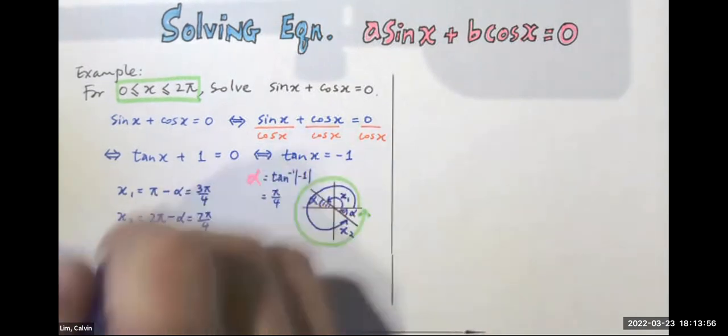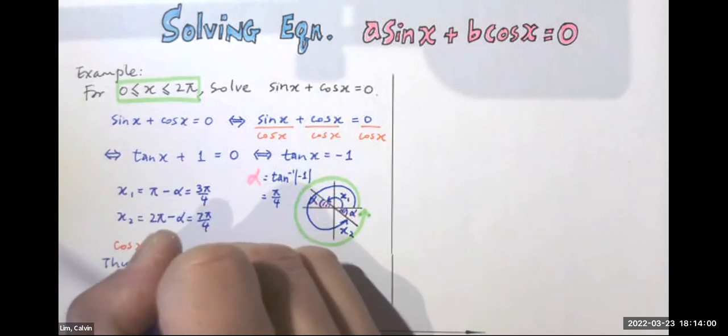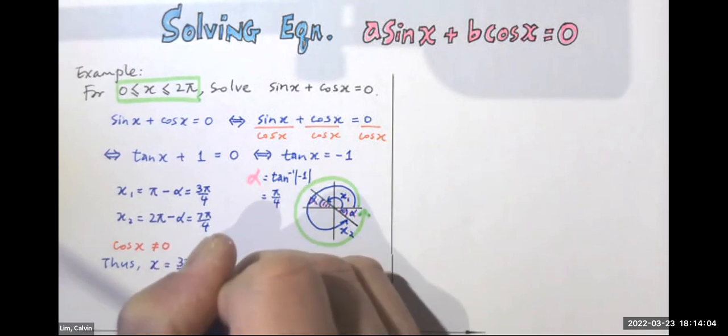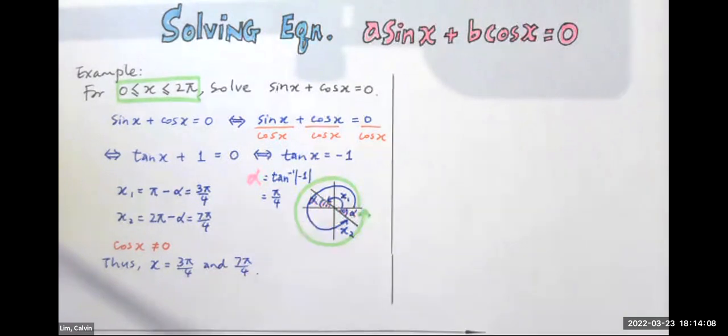Now let's do a little conclusion. Thus the solutions are x equals 3 pi over 4 and 7 pi over 4.